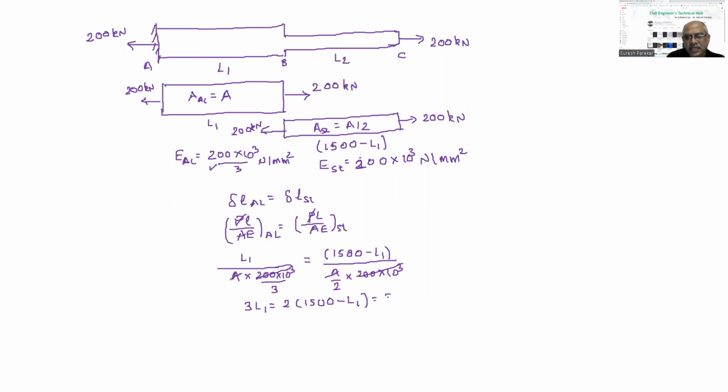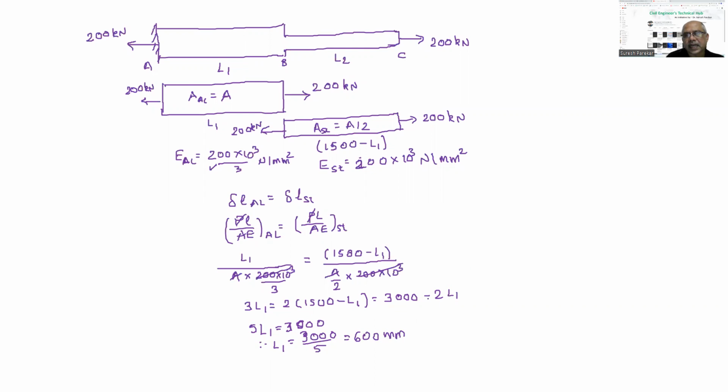If you solve this, we get 3L1 equals 3000 minus 2L1. Now if we rearrange the terms, we get 5L1 equal to 3000. Therefore L1 is 3000 upon 5, which is equal to 600 millimeter.